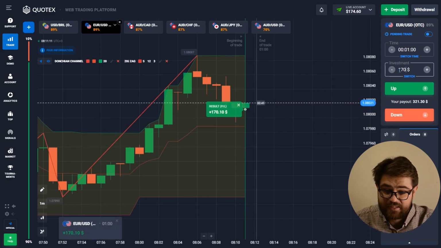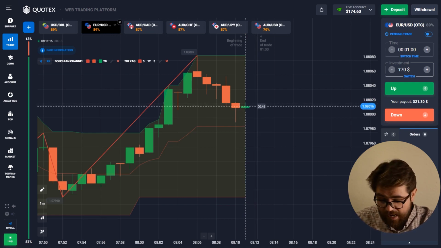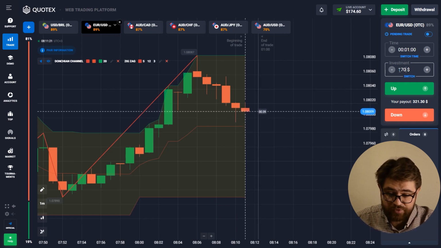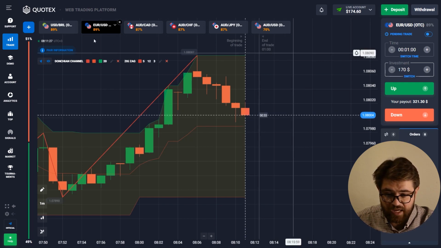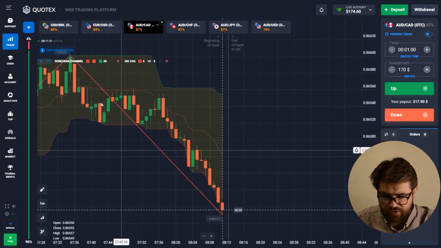Here is the second profit of today, $170, and we're gonna go with the next option for $170 using the compound percentage. This works. As you can see, we started with $50, and already we have $170.